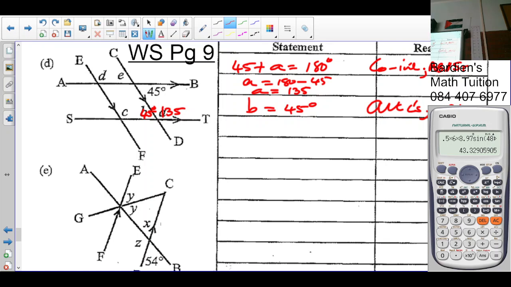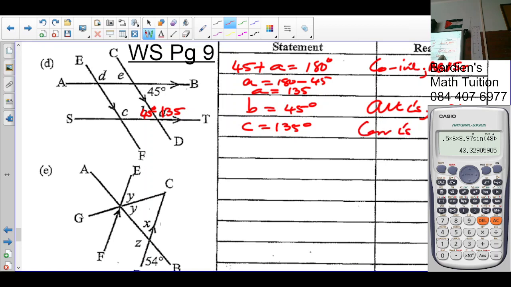Can you see the F here? The F is lying like this. The corresponding angles. Can you see that, people? Then going with that, less writing. So C is equal to 135 degrees.